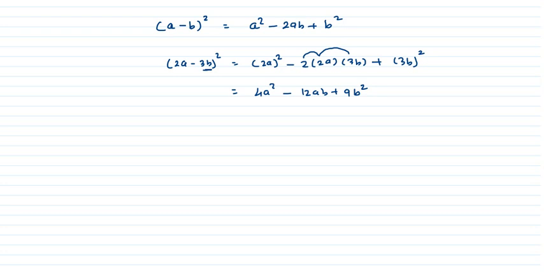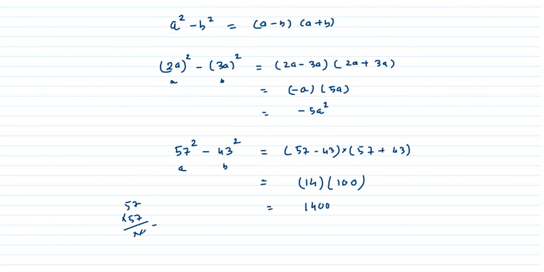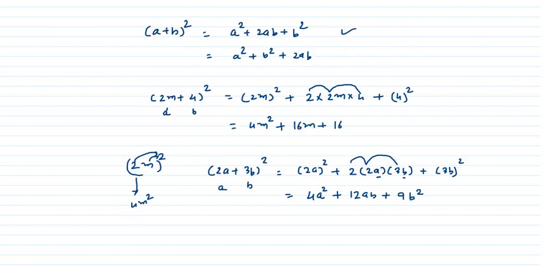Now what we have learned earlier, a square minus b square is a minus b, a plus b. Same formula I am taking, but in reverse form. Let's see, a square minus b square is equal to what? a minus b and a plus b. Now if they have given something like x minus y and x plus y, what you can write is x square minus y square.